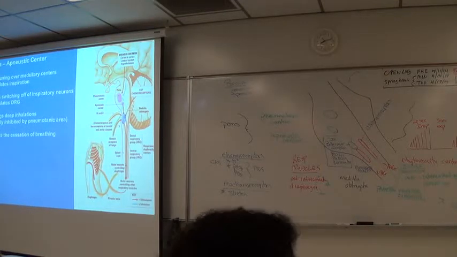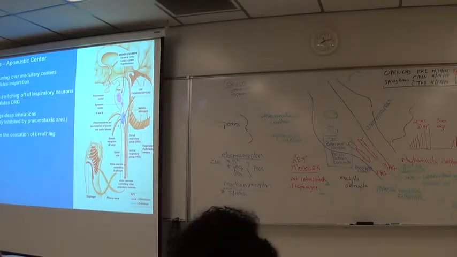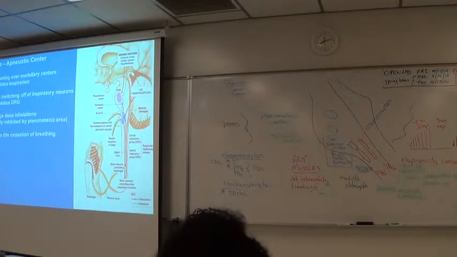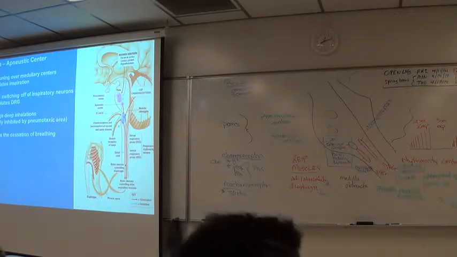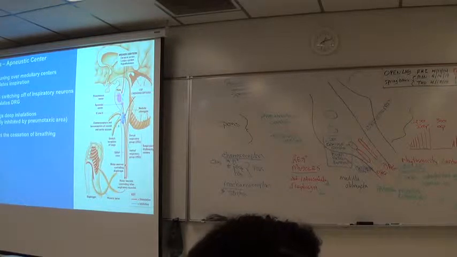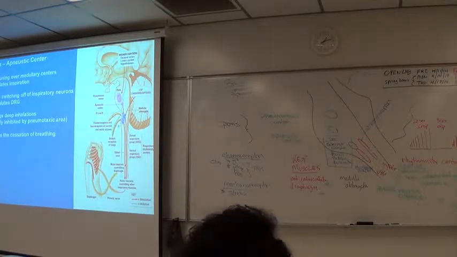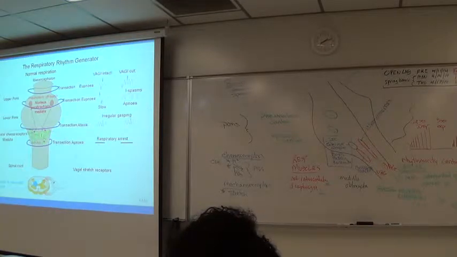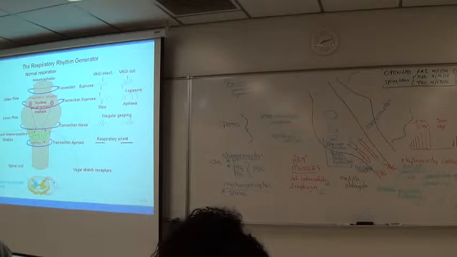So often the pontine centers will combine both of these together. This looks really complicated, so let's go through it slowly because it's more of an interesting thing than a complicated thing.